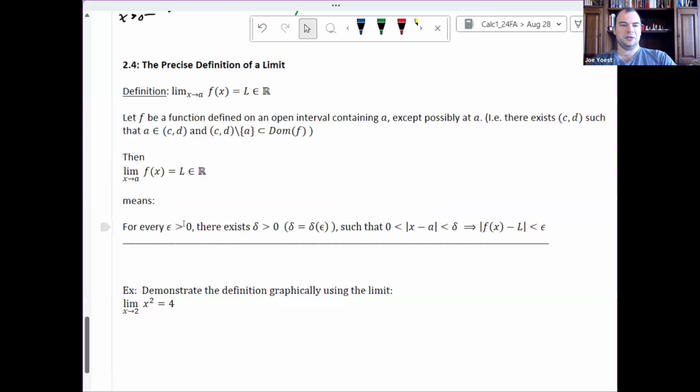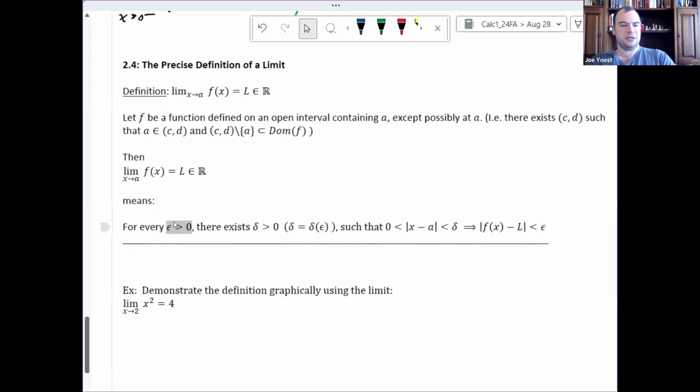For every epsilon bigger than 0, so no matter which positive value of epsilon you choose, the following is true. It's not stated as such in the definition, but we typically think of epsilon being quite a small number. The following is harder to show for smaller numbers epsilon. So we think of epsilon being a small number. If it works for a small epsilon, it's going to work for a big epsilon.